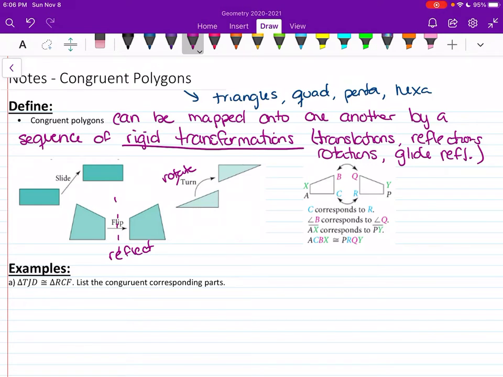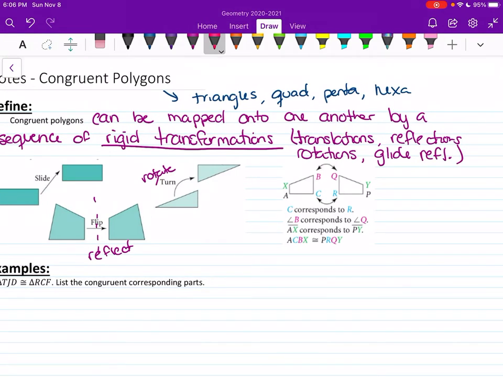Okay, so those are the main things we can do, or we can do a combination of those. So when we talk about congruent polygons, it's really important to get our notation correct. Here we see quadrilateral XBCA is congruent to quadrilateral YQRP. It's important to look at the pieces that correspond to each other. This one is color-coded.